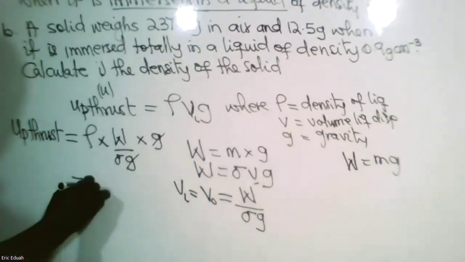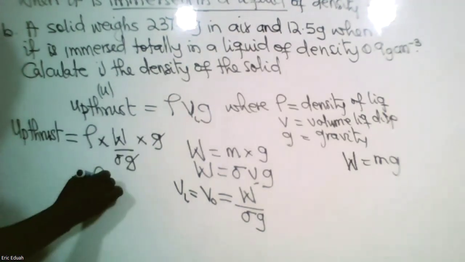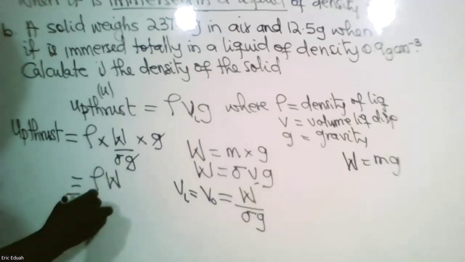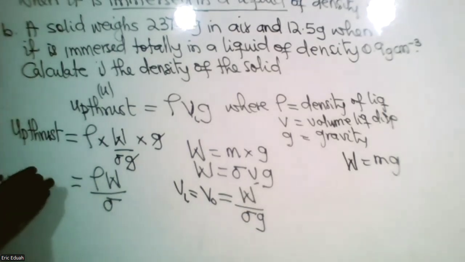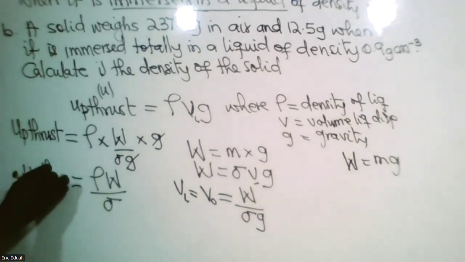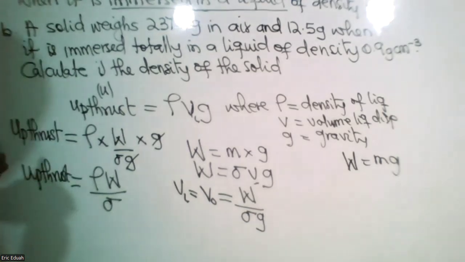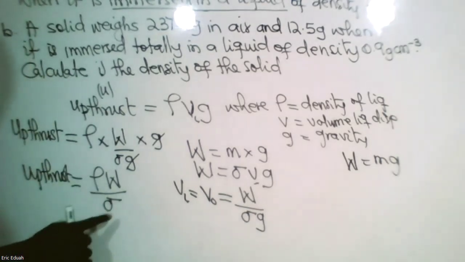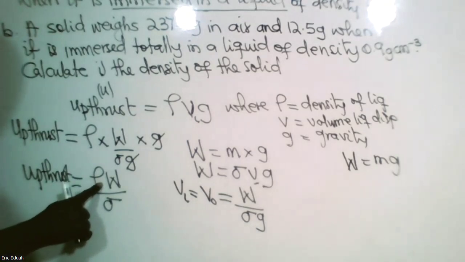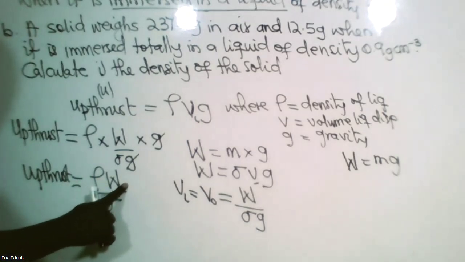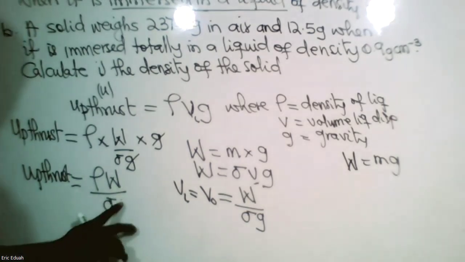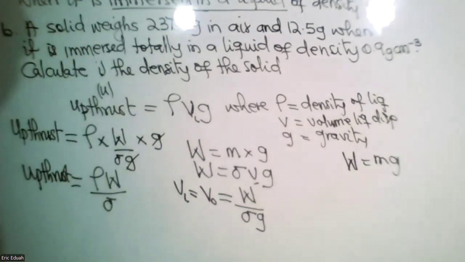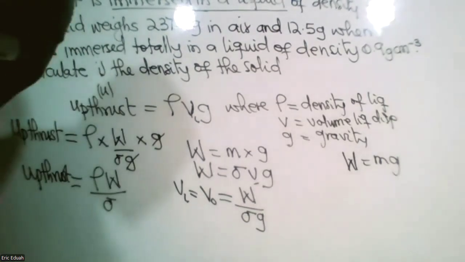Therefore, the upthrust will be equal to the density of the liquid times the weight of the body divided by the density of the body. This will be the expression for upthrust. And the good thing is that we have this in terms of whatever we're given: rho as the density of the liquid, W as the weight of the body, sigma as the density of the body. Please, any question?